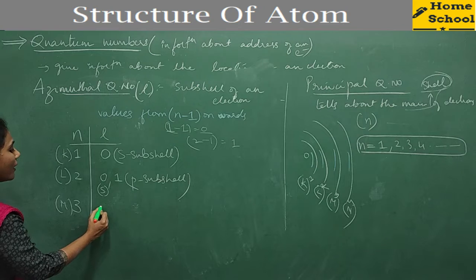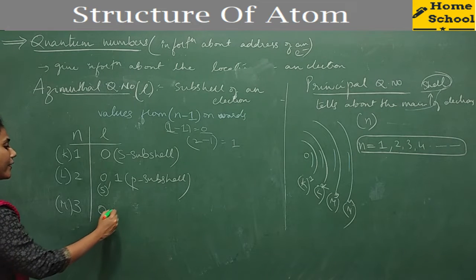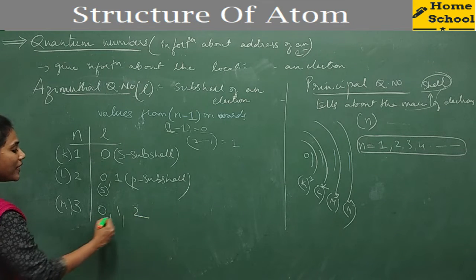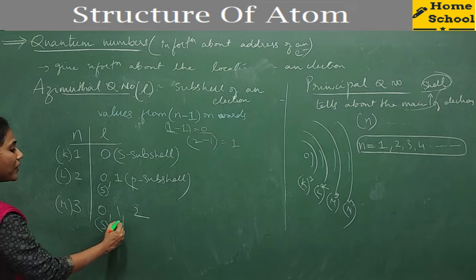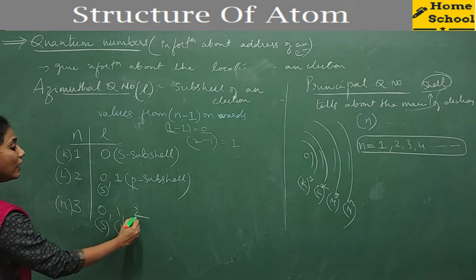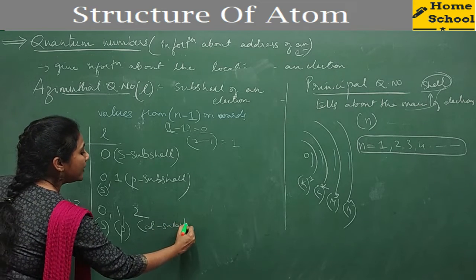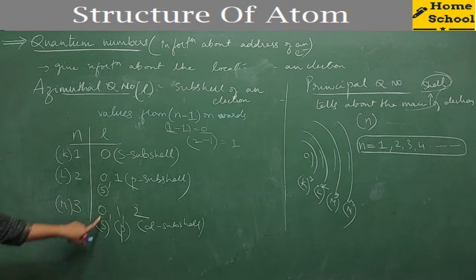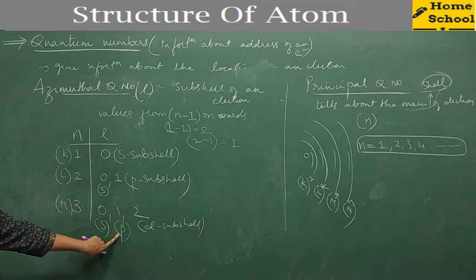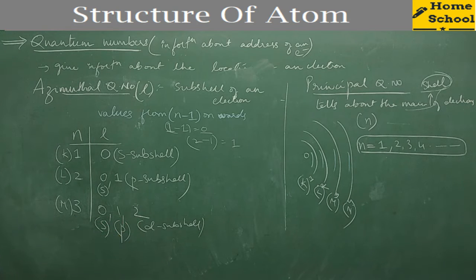So here what are the L values you will get? 0, 1, 2. 0 means s orbital, 1 in the sense p orbital, 2 in the sense d subshell. S subshell is there, p subshell is there, d subshell is there. Clear?